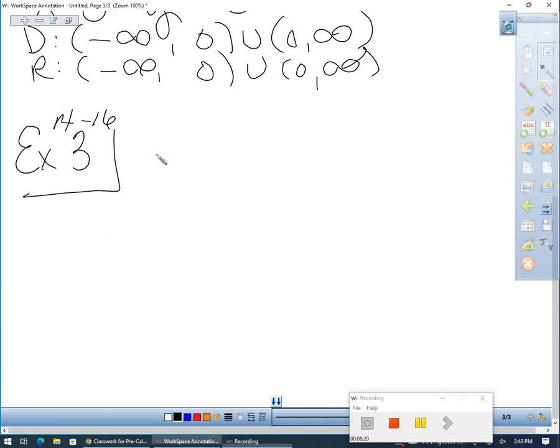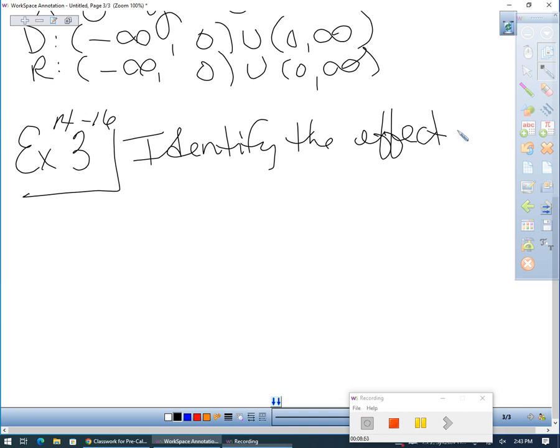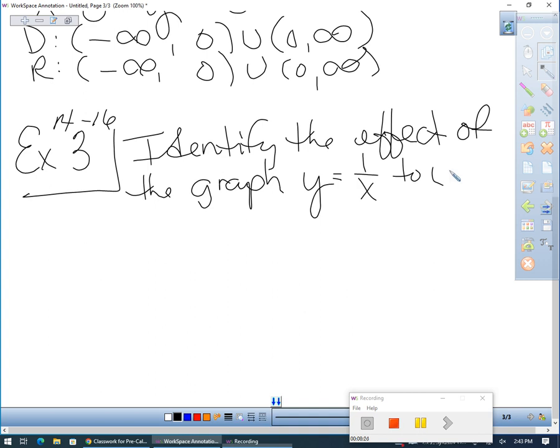It says, identify the effects of the graph y equals 1 over x to y equals -3 over x. So when it says identify, that's the same as saying, how does it translate?